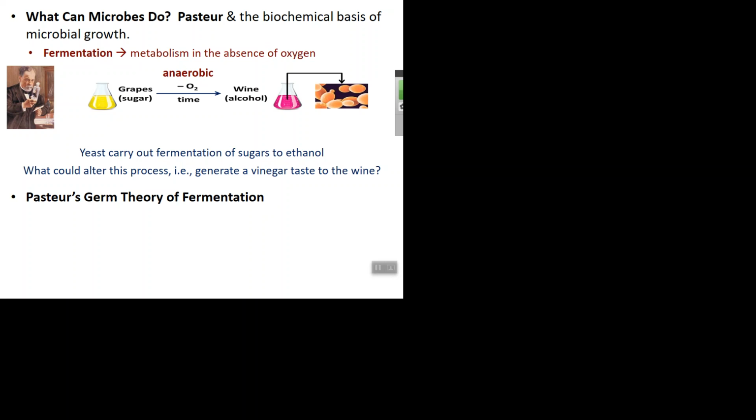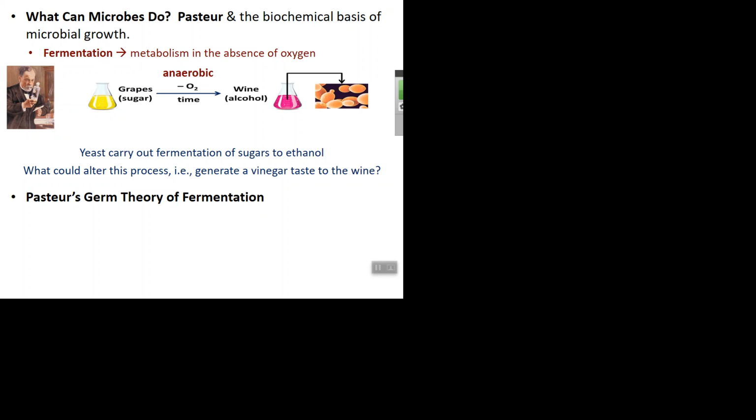Simple enough. And so when he looks at that more closely, seeing in the flask that there are cells attributed to this transformation making this alcohol, right? That we see the production of cells along the way, yeast, right? And the yeast are basically coming from the grapes themselves, on the surface of the grapes, okay?